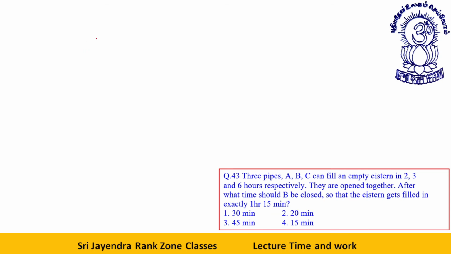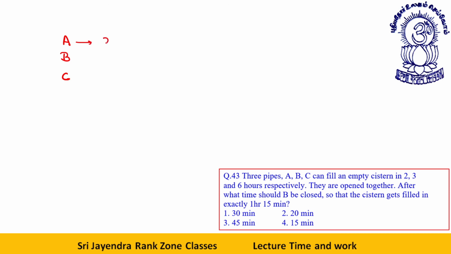They are open together. After what time should B be closed so that the cistern gets filled in exactly 1 hour 15 minutes? There are again 2, 3 ways, students. Let's talk about A, B, C. The cistern has to be filled in 1 hour 15 minutes. In what time should B be closed?